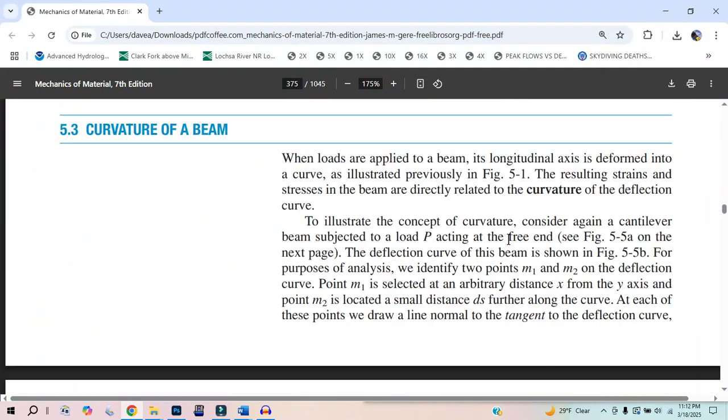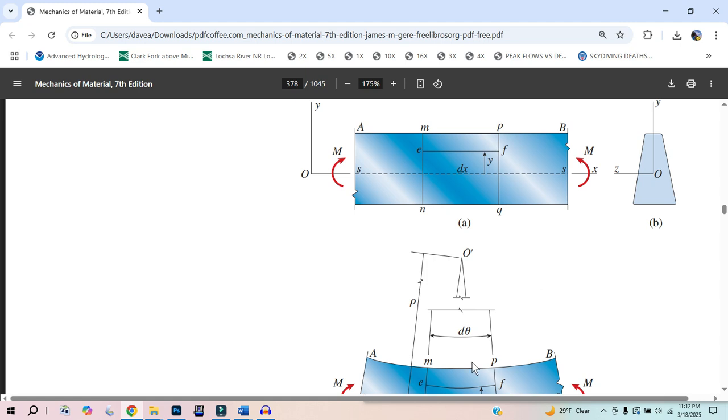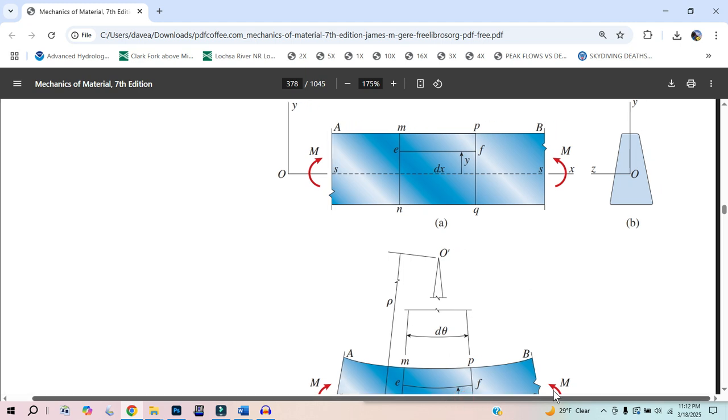And let's talk about this again, because just because we say something doesn't mean it behaves that way. But for this, what we're going to find, if things behave linear elastically, when you apply this moment, it'll crunch up here and then lengthen down here.